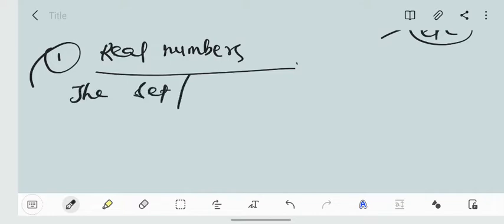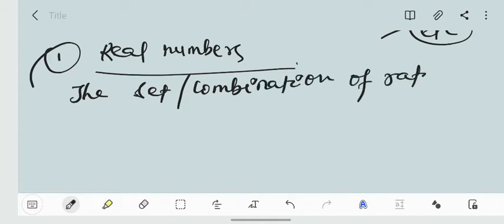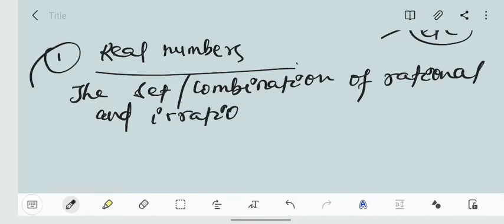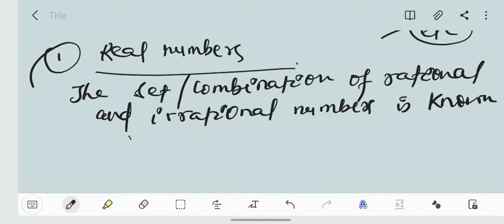This set or combination of rational and irrational is known as real numbers.